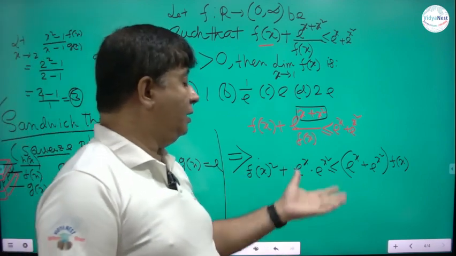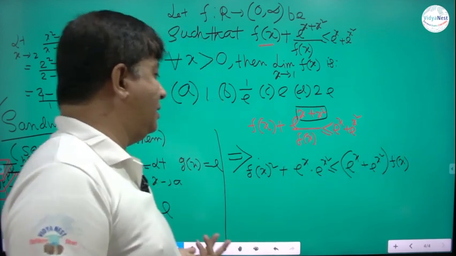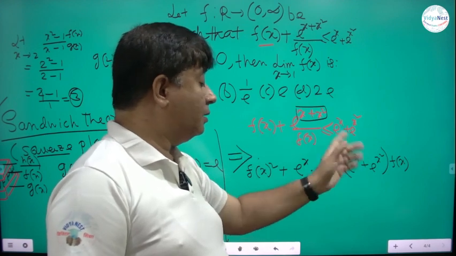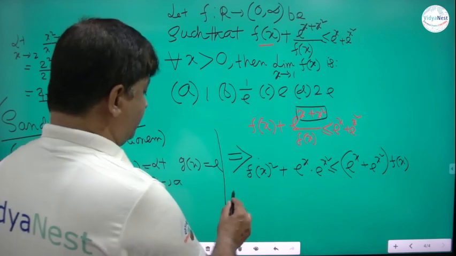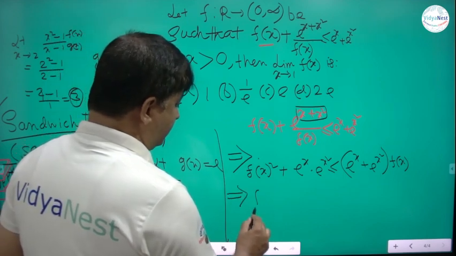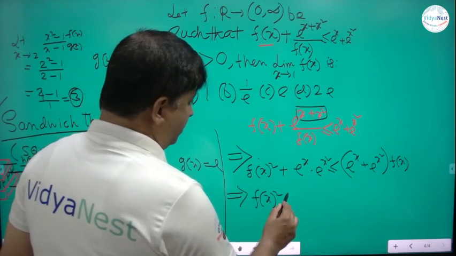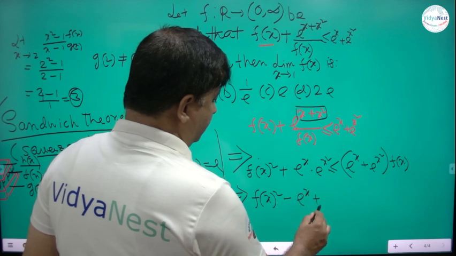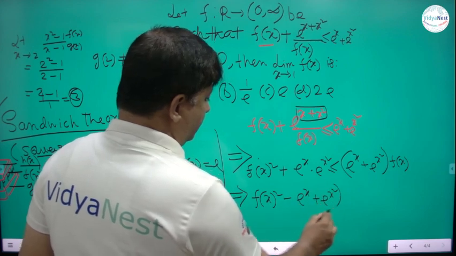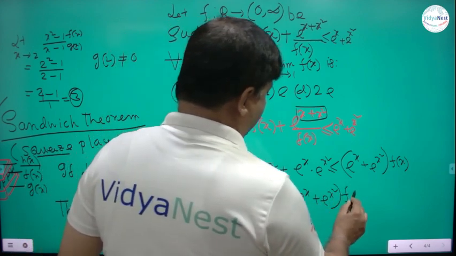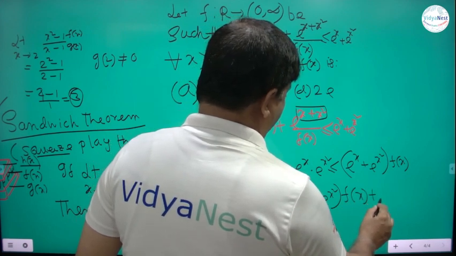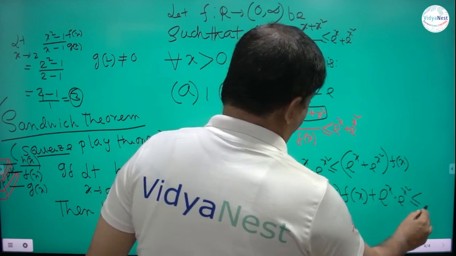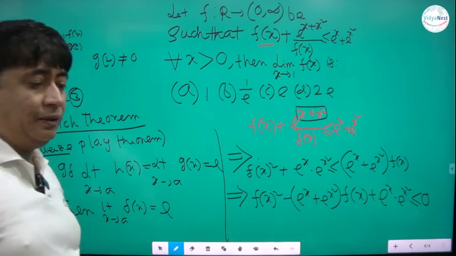Now, you bring all the terms to the left hand side and keep 0 in the right hand side. You will get what? f(x) whole square minus... okay.